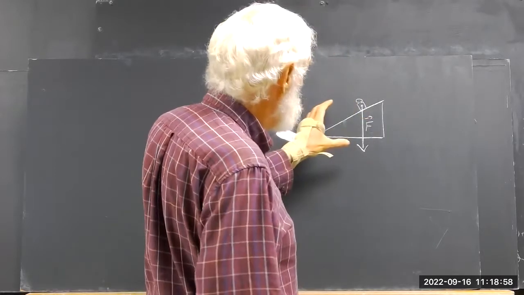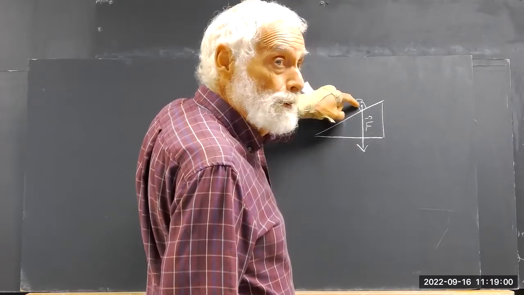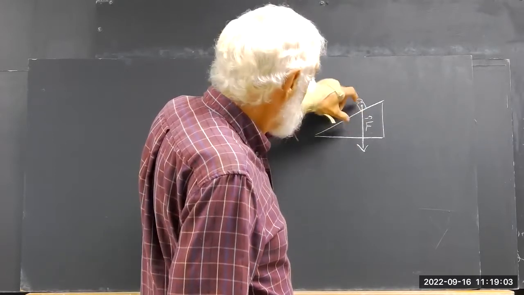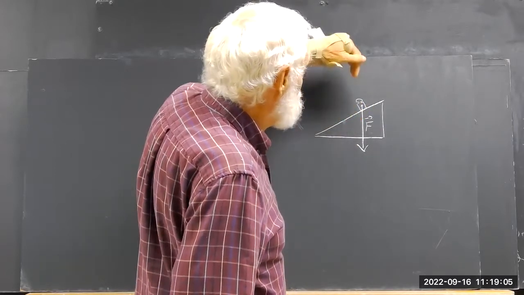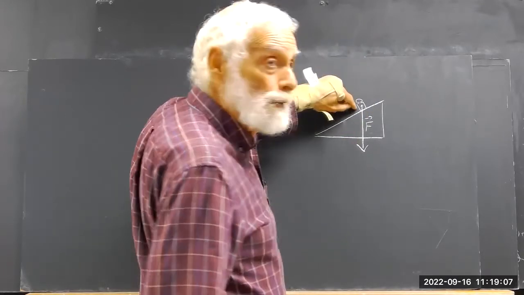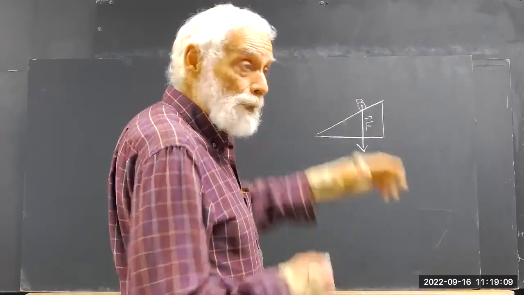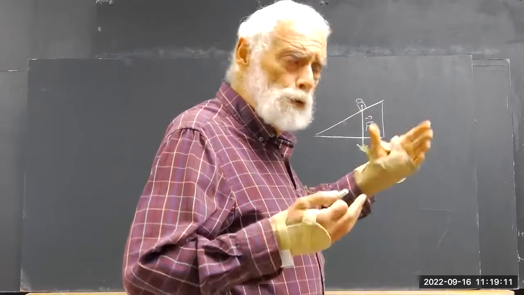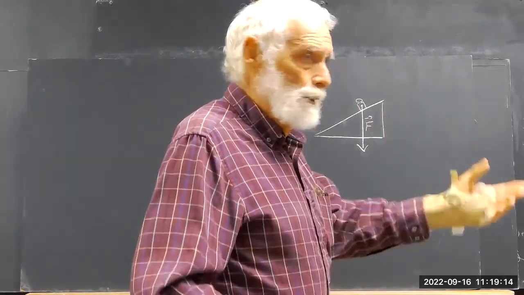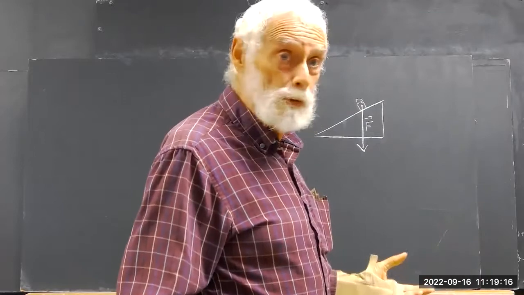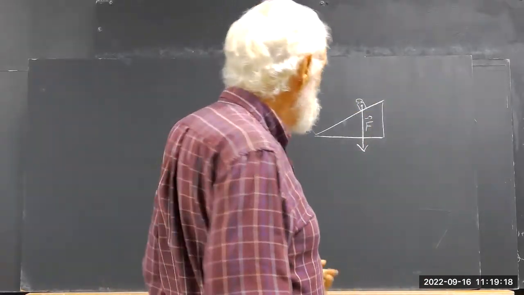So if I had it a little steeper and put the point here, you can see that the force vector would have a line of action that's outside of the object. That will cause it to tip. So that's kind of an intuitive idea I'm just throwing out right now, to get the neurons working on it.